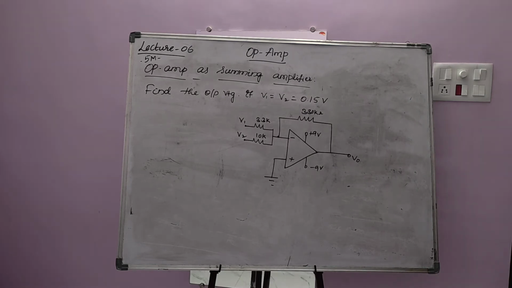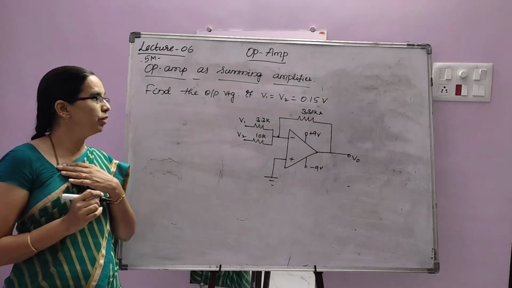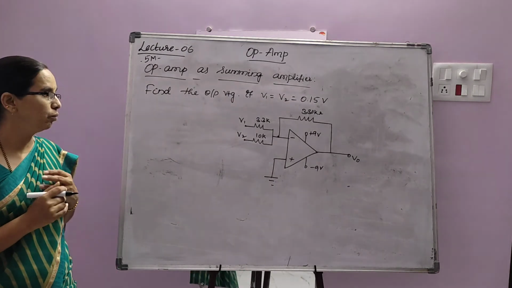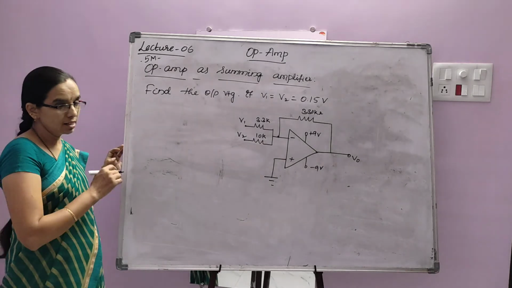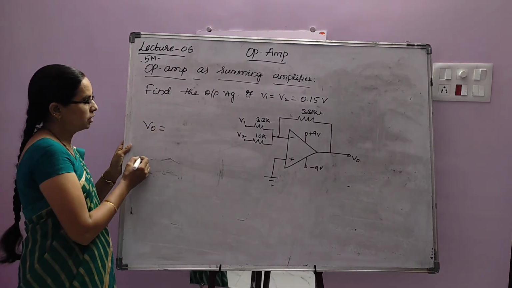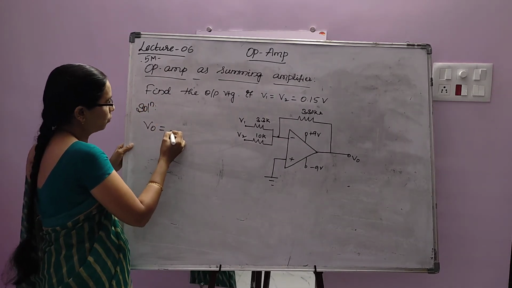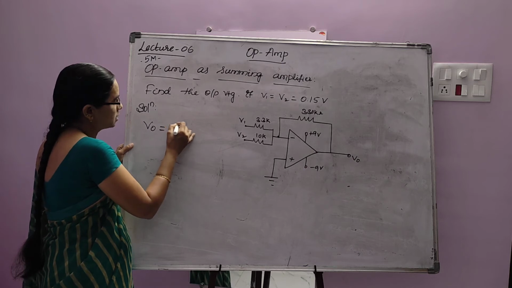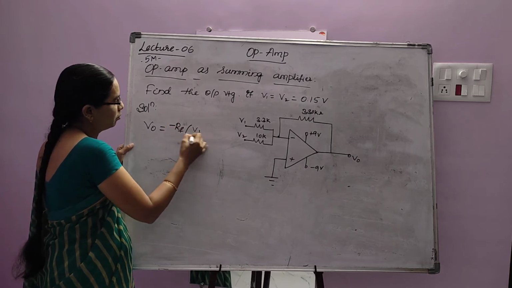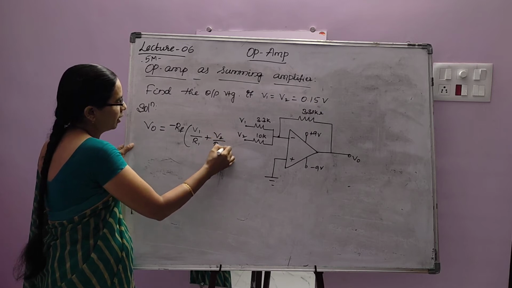Take the next problem. Find the output voltage if V1 is equal to V2 is equal to 0.15 volt. So this is the adder circuit, inverting adder. So what will be the formula for output voltage? That is V0 is equal to minus RF into V1 by R1 plus V2 by R2.